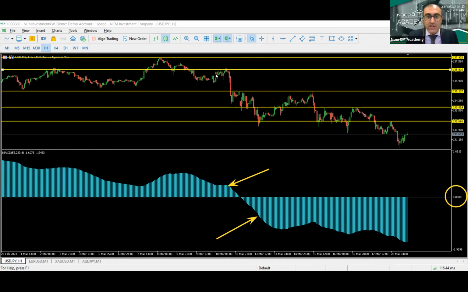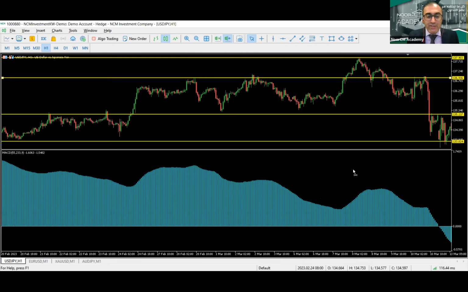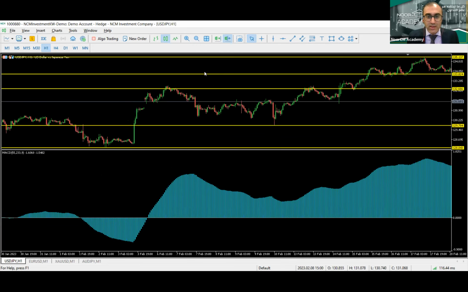If the histogram is below the zero line, the asset that you are trying to trade, whether it's currency, gold, silver, oil, NASDAQ, or even a stock, is considered to be in a downtrend. If the histogram is above the zero level, the asset is considered to be in an uptrend. The asset is considered to be bullish.